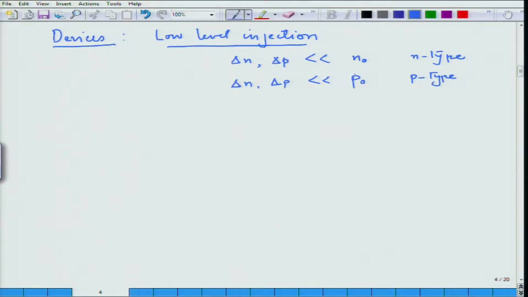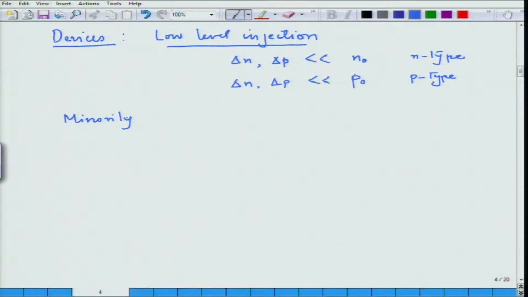So, we find a simpler form of the continuity equation that we will solve easily, and we will make some assumptions to find another form of the continuity equation, which is basically used for minority carriers.